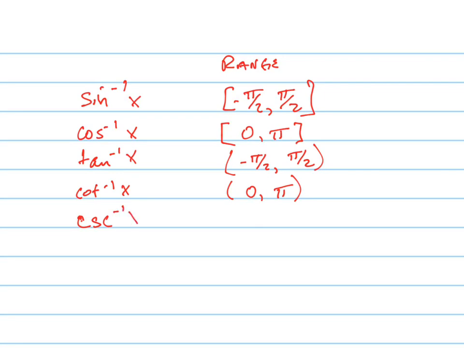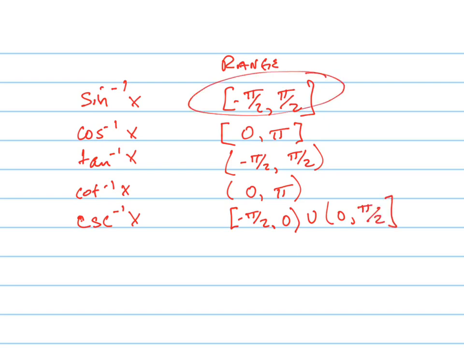And the secant, let me do cosecant first. Cosecant inverse is going to be from negative pi over 2 to 0, not including 0, and then from 0 to positive pi over 2. In other words, it's the same as the sine, but it can't include 0 because it's not defined at 0. And the same with the secant inverse function.